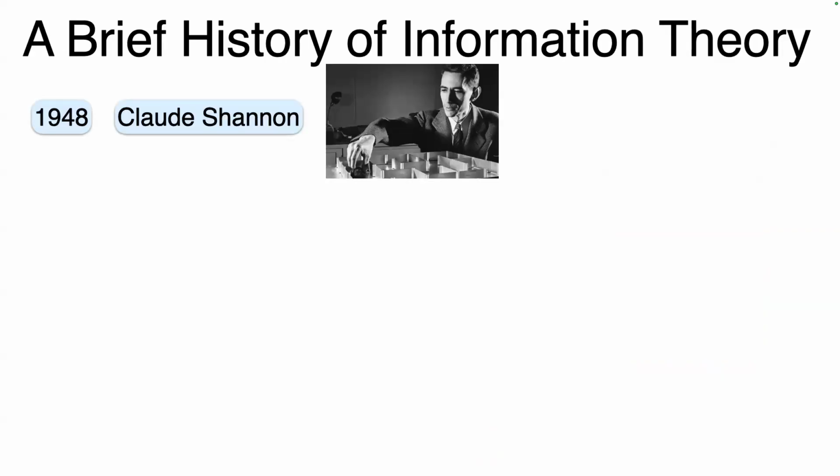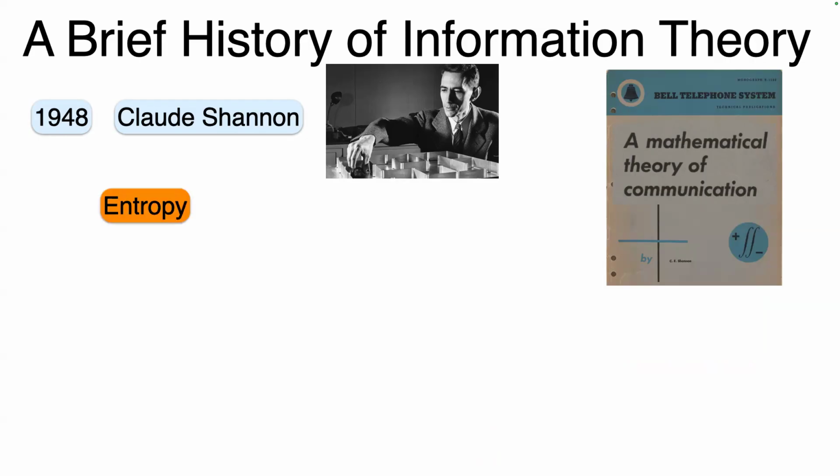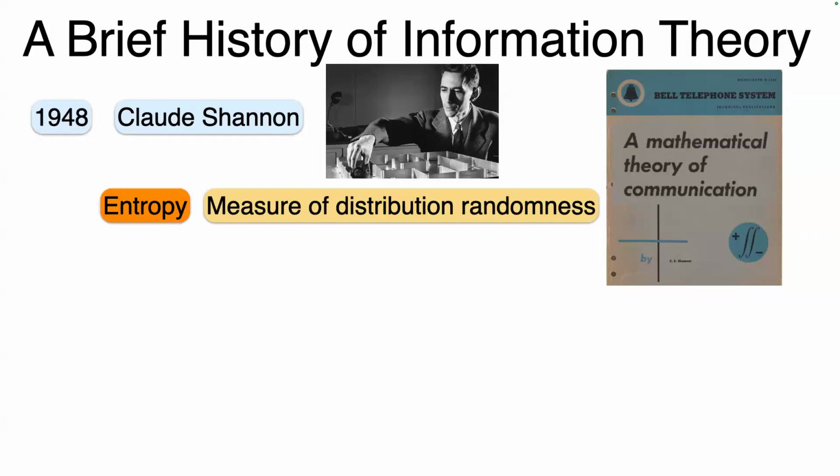So maybe we can start with a brief history of information theory. It essentially started in 1948 with Claude Shannon, and he wrote a Bell Labs technical memorandum that ended up changing the world. It was called A Mathematical Theory of Communication, and in this article, he introduced a very simple concept called entropy that measures the randomness of a distribution, and the formula I think many of us are familiar with.